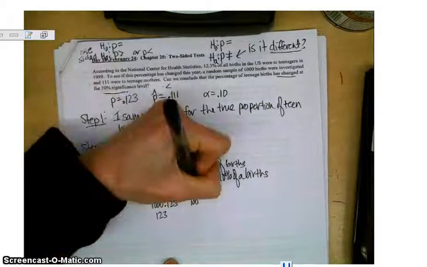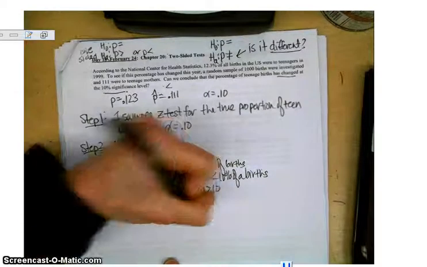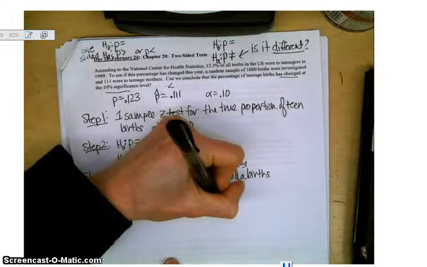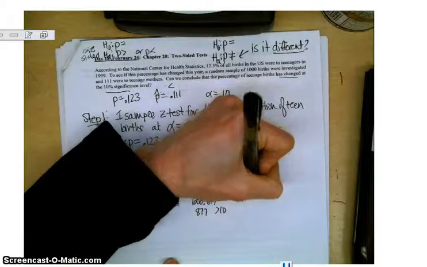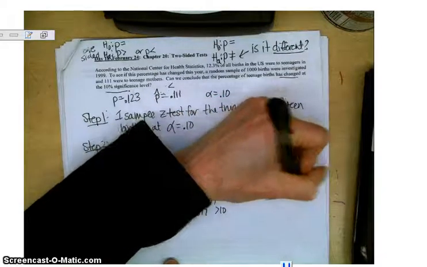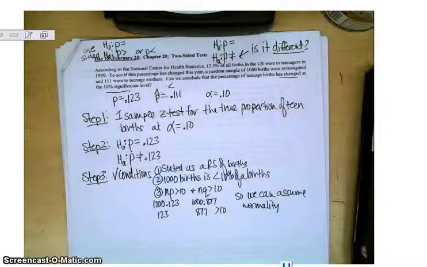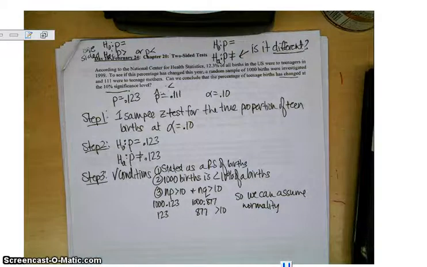And 1,000 times q is 0.877, that's 877, both are greater than 10. So we can assume normality. Normality is a shorter way of saying it's from an approximately normal population. Because of the large sample size, we can assume that we're dealing with normal distribution.